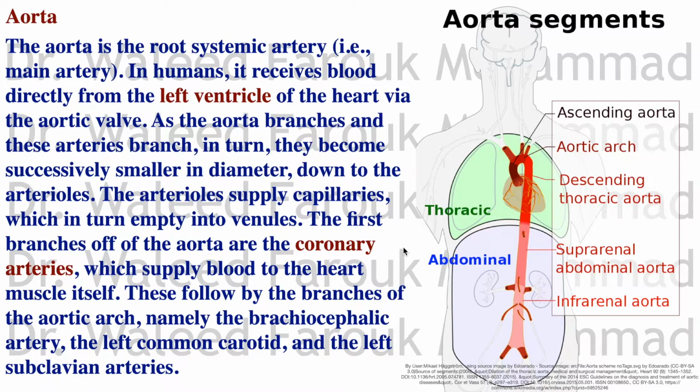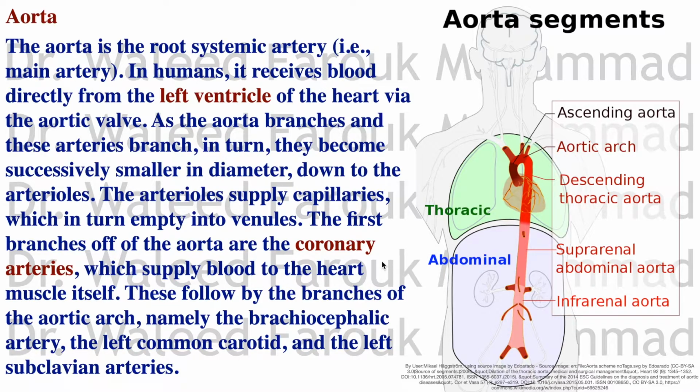The first branches of the aorta are the coronary arteries, which supply the heart itself from a dilation or a funnel-shaped bulge at the side of the artery, called the sinuses of the coronary artery.